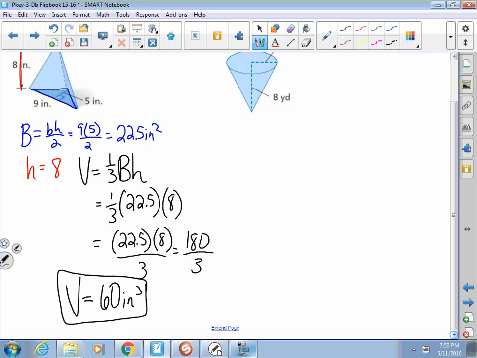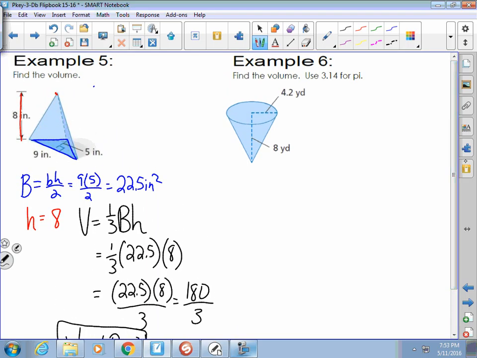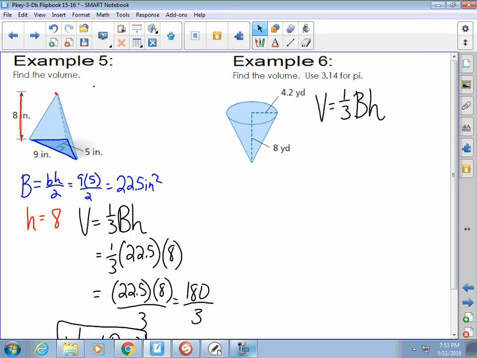All right, so now we're going to do the cone. Volume equals 1/3 BH. Now, our B in a cone is always a circle. So to find the B, we're doing pi r squared. What is our radius? Yep, it's that 4.2.